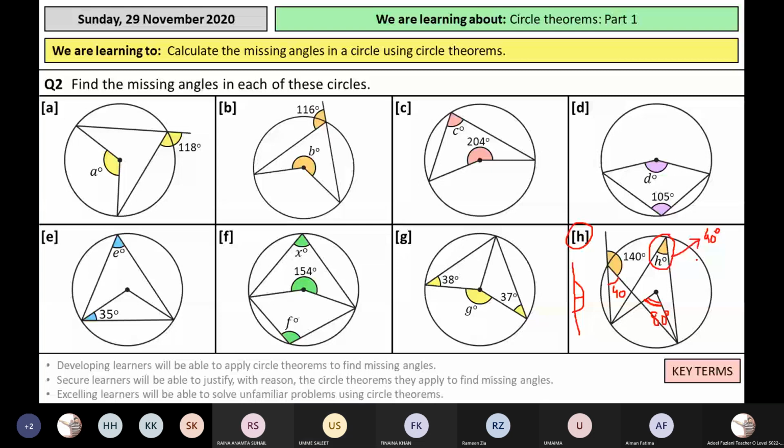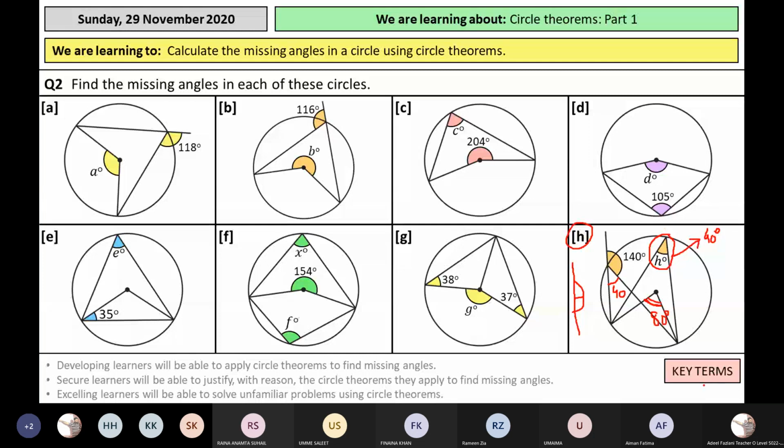I have not introduced the property which you are talking about, that is angles in the same segment. Yes, I have not introduced it, sir. However, it has been taught to you in the workshop. For students attending the class for the first time and having their first lesson on properties of circles, they are not familiar with angles in the same segment.